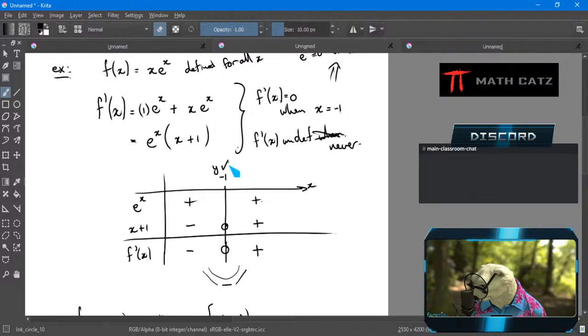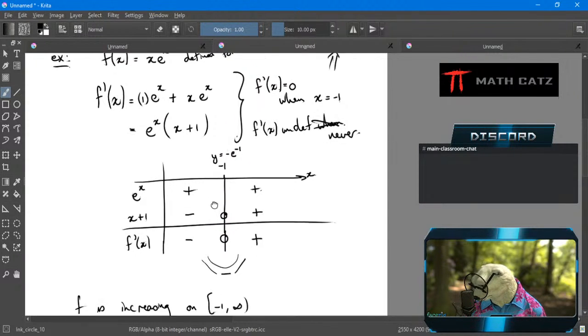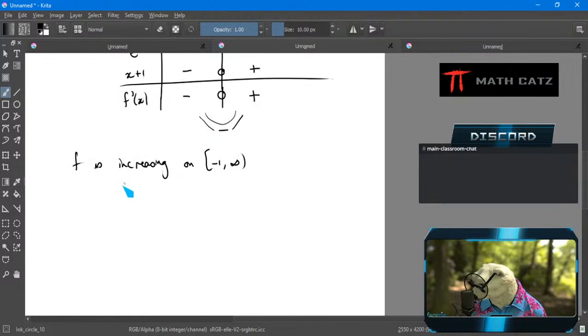I just don't want a decimal number here. It's going to be negative e to the -1, right? Whatever -1 over e is. Who cares? It exists. That's the only thing that's important. And f is decreasing on -infinity to -1.